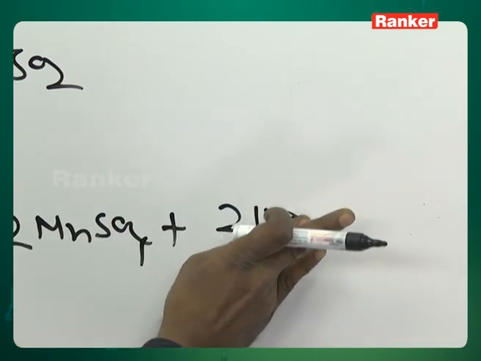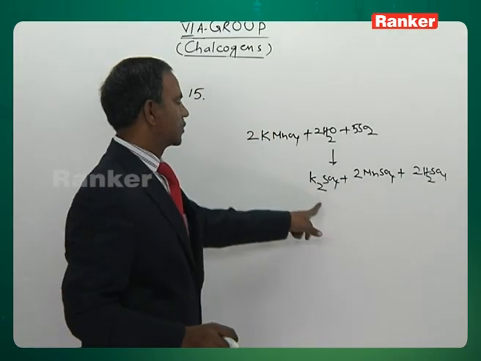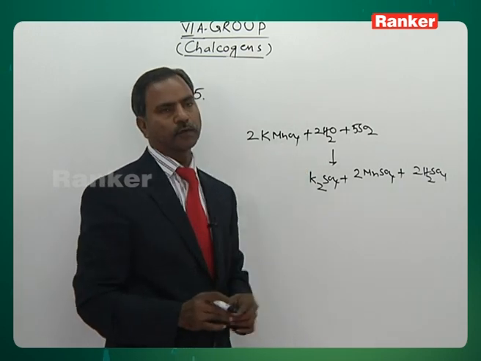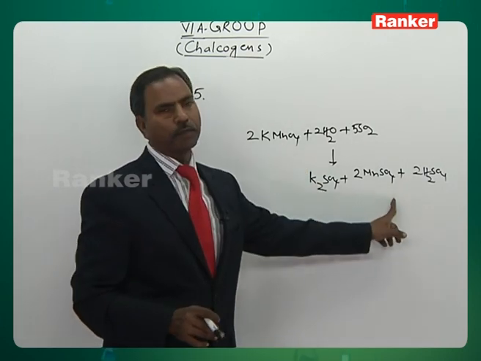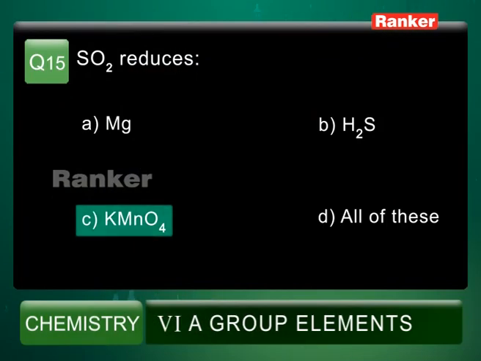These are the products. See, KMnO4 is reduced to K2SO4 and MnSO4. Mn plus 7 is reduced to Mn plus 2. Therefore, SO2 can reduce KMnO4. So in this case answer is C. Question number 15, answer is C.